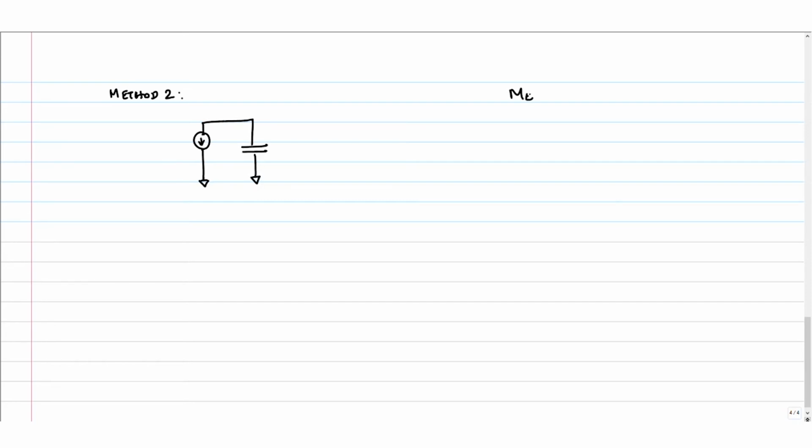So it's a constant current source discharging my capacitor. Method 1 is, you had a thing like this, R equivalent and CL. Now what is the time it is going to take, and what is this? This current is I naught, by the way.